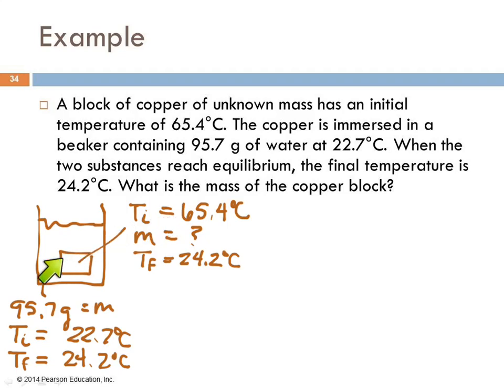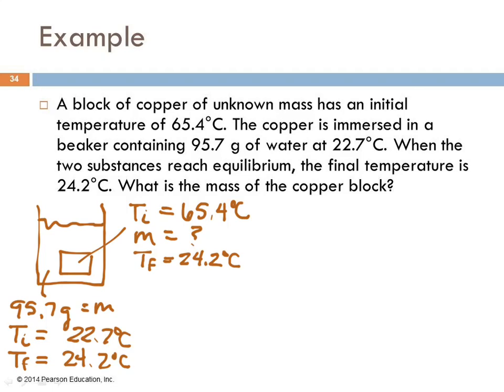We put it in this beaker of cold water at 22.7 degrees. The block cools down, the water heats up until they get to the same temperature. The final temperature is the same for both. Okay? Don't forget to turn your common sense on.